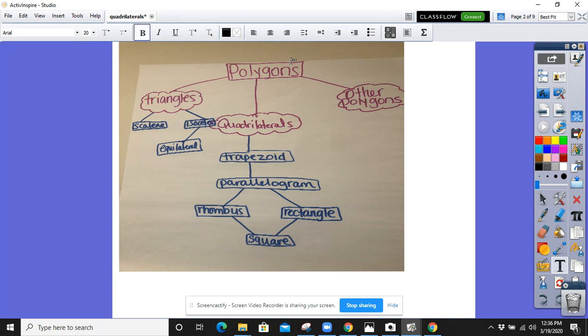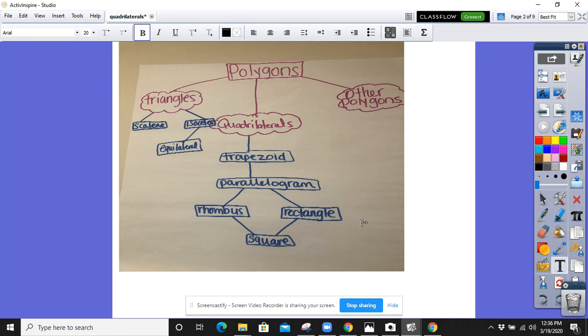And polygons have their own set of children, if you want to think of it like that. You have triangles, you have quadrilaterals, and you have other polygons. Other polygons being hexagons, pentagons, octagons, heptagons. That would fall under this category. We're not going to focus as much right there. We're going to focus right here, which is why I have a lot of information here. So go ahead and pause the video and copy this down.